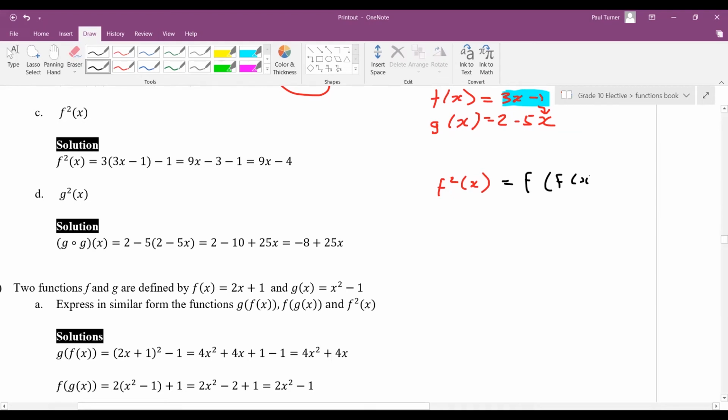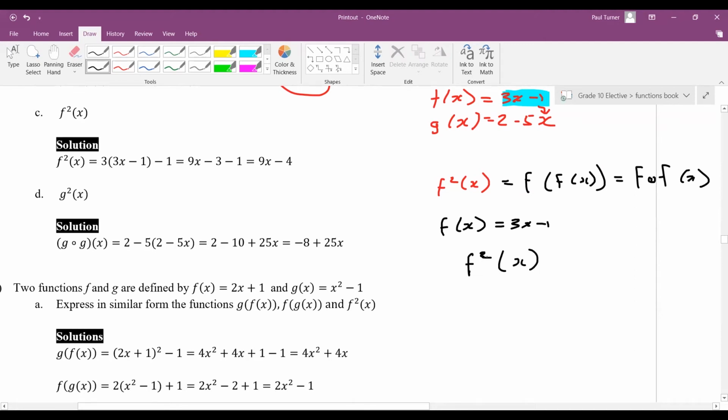So you're doing f(f(x)), which is okay. There's no reason why you can't do that. So, which is f of f, okay. Like that. So we're putting f into itself, and f(x) was 3x minus 1, right? So we're putting this function back into itself, which is kind of weird, isn't it?